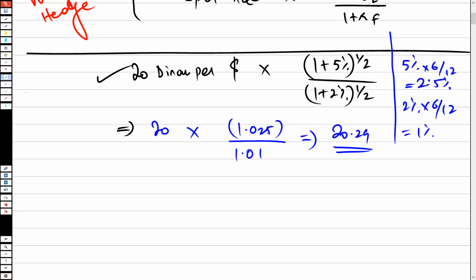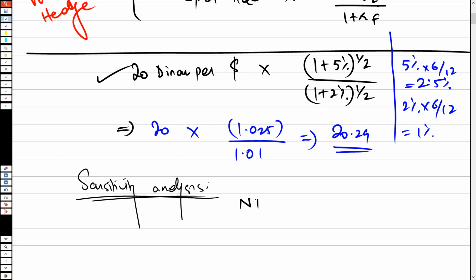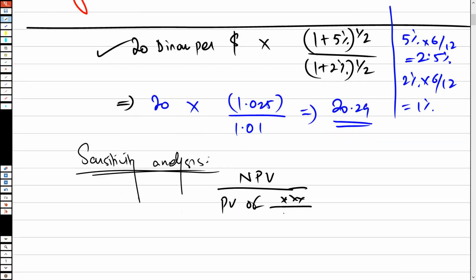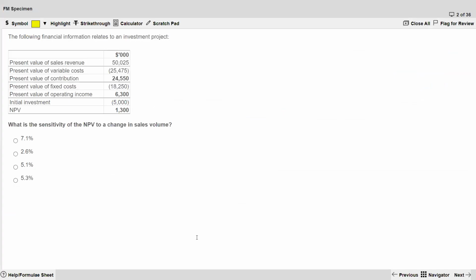So always remember that whenever you have a question on sensitivity analysis, you have to say NPV divided by the present value of the item under consideration. Whatever item is under consideration, you would say that. So in this case, you've got the NPV to be 1300.